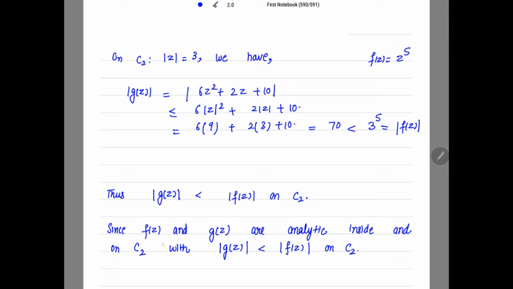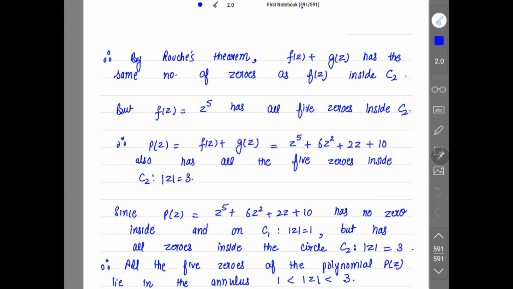Now since fz and gz are analytic inside and on C2 with the given condition mod of gz strictly less than mod of fz on C2, by having these two things, we apply Rouche's theorem. So by Rouche's theorem, fz plus gz has the same number of zeros as fz inside C2. Now fz equal to z to the power 5 has all 5 zeros inside C2.